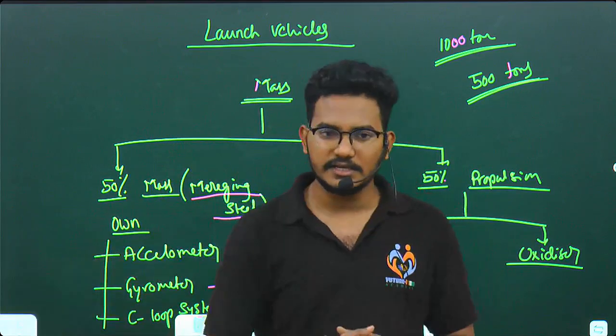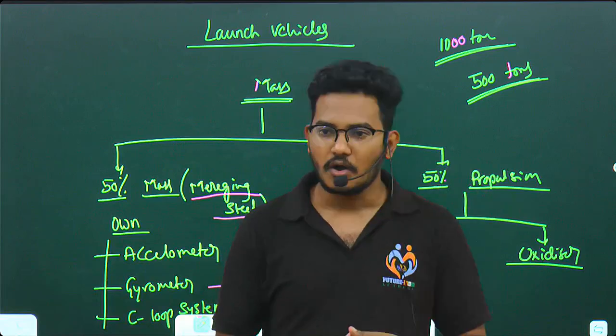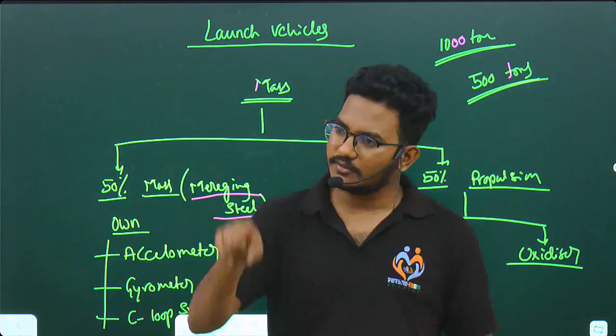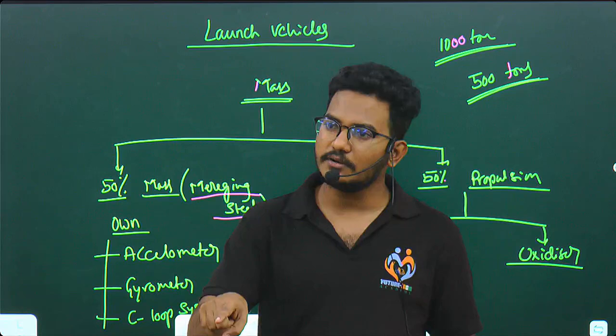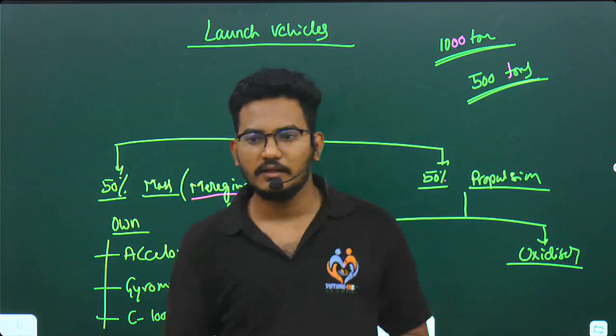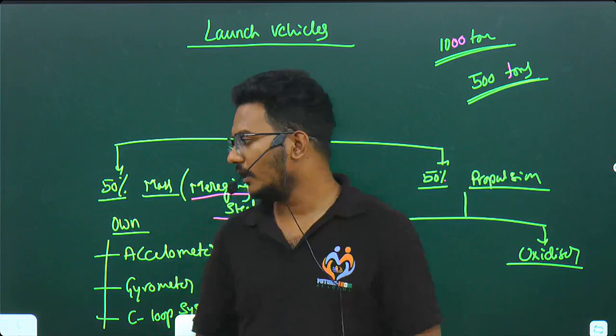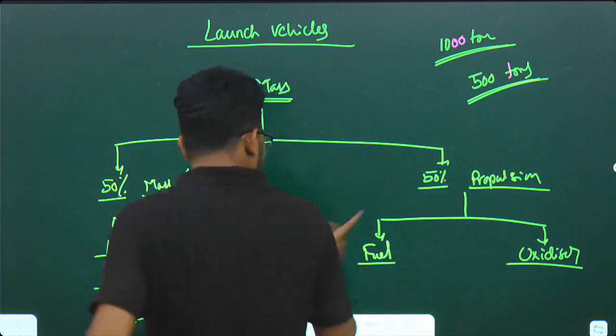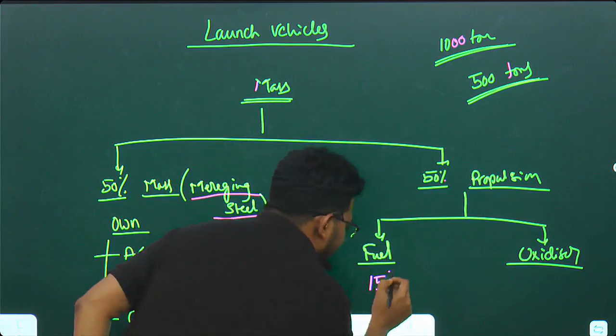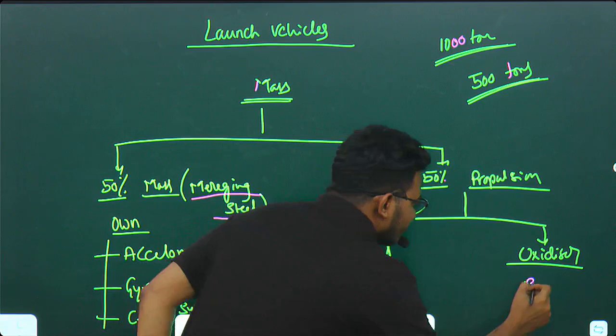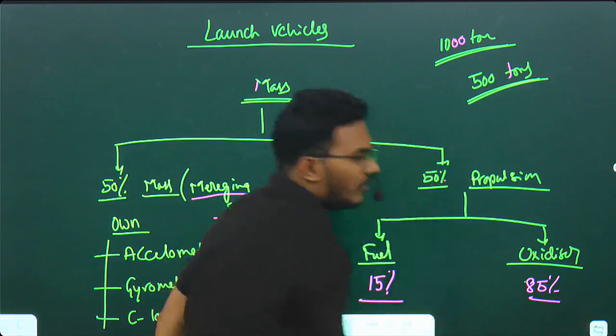But in space, we don't have oxygen. So along with the petrol, we are filling the oxygen also, the oxidizer. And you know what? This fuel is just 15%. The remaining 85% is oxidizer.